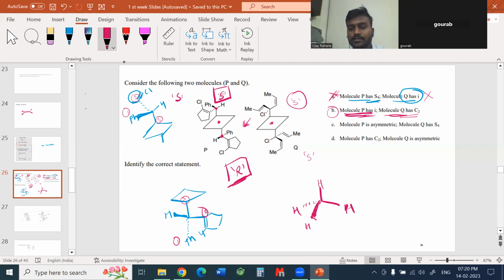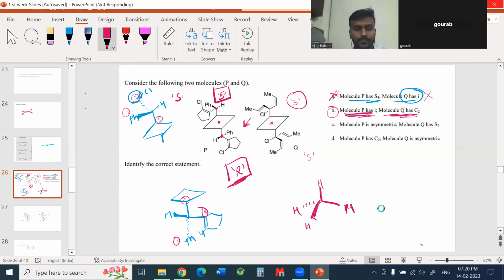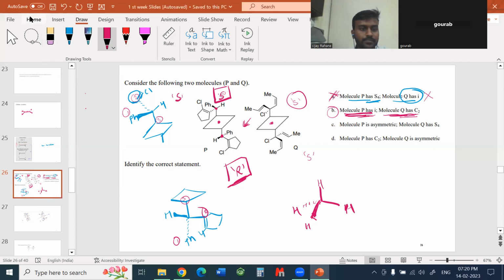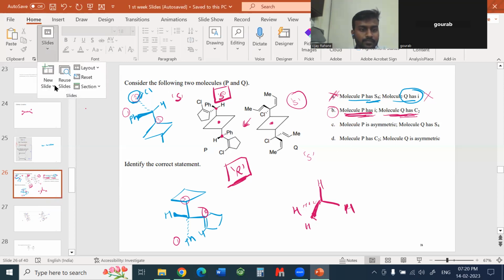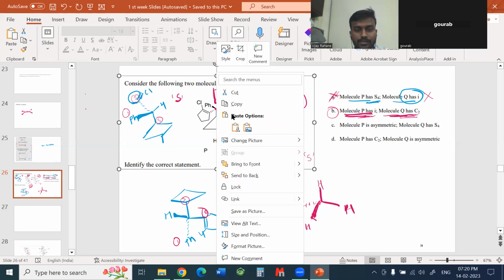Now we need to check whether molecule Q has the C2. I will just save this slide, and I will upload it as the same slide as it is, so you will get this. I'll paste this question again on the next slide.